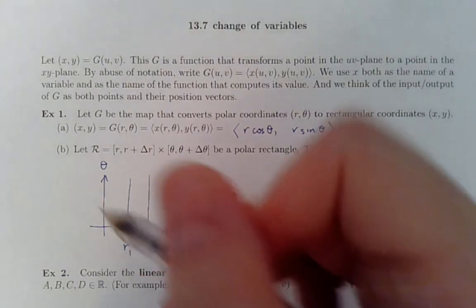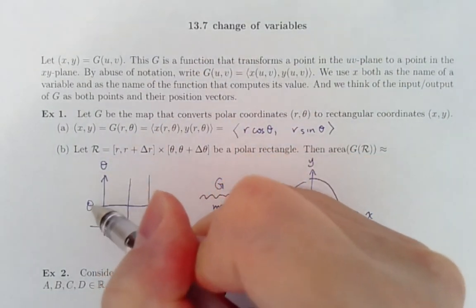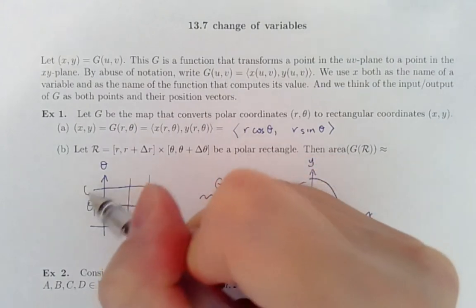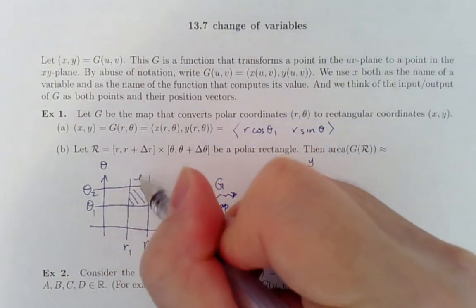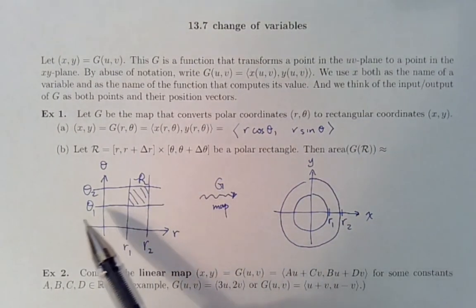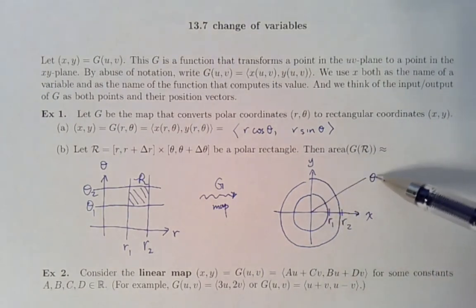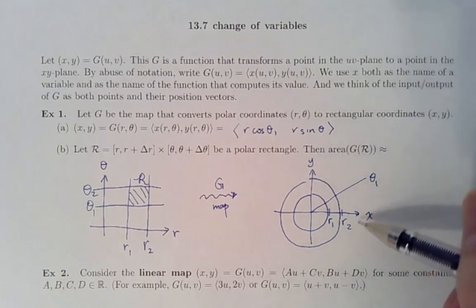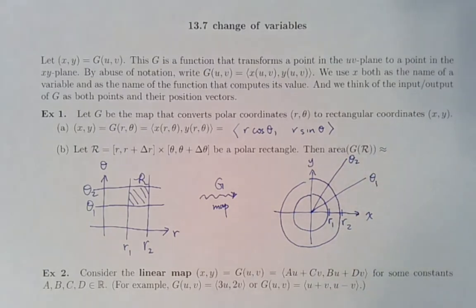Let's also take a rectangle, theta 1, theta 2, and let's look at this rectangle here, R. That's our polar rectangle R. Theta 1 gets mapped over to a line of angle theta 1, and then theta 2, perhaps it's over here.